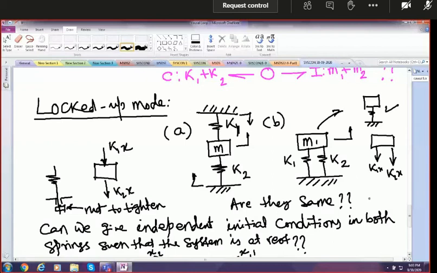Unless there is a spring here, then you have a sleeve or something, around that you have another spring, then it is basically the same spring, one spring. If you are co-aligned, then it is one spring. So we have three states for springs, which allows independent initial conditions.